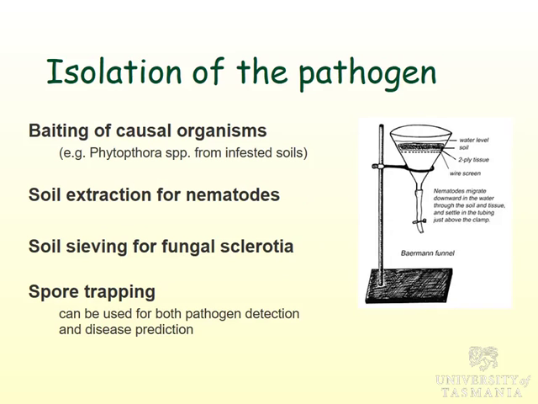That's isolating onto agar plates. You can also try to isolate different pathogens by different means. If you've got infested soils, for example with Phytophthora, you can use baiting systems. Baiting is where you stick a susceptible plant, or sometimes an apple or something else, into what you suspect is soil that has the pathogen in it.